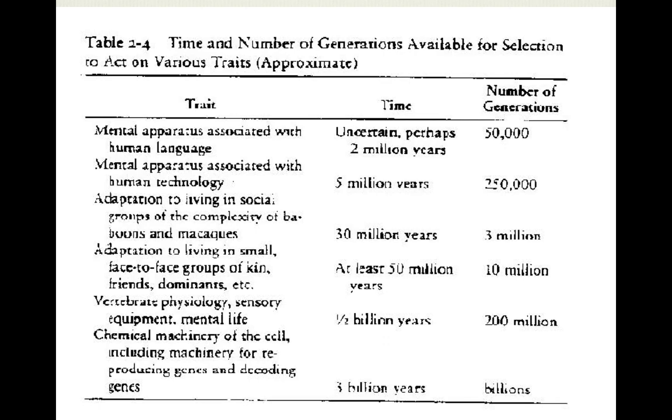The mental apparatus that's associated with human technology, this is the advent of stone tools, lithic technology. This dates back to roughly 5 million years ago with hominins moving out on the African savanna with Ardipithecus and Australopithecus. And then the mental apparatus that's associated with human language. We're not exactly sure when language emerged, but it was probably roughly 2 million years ago.